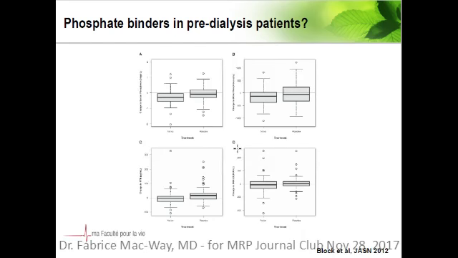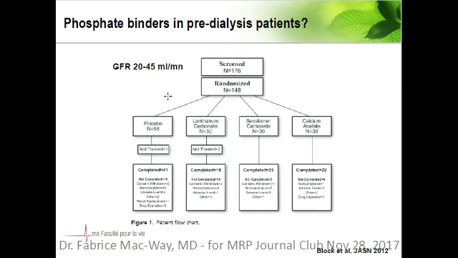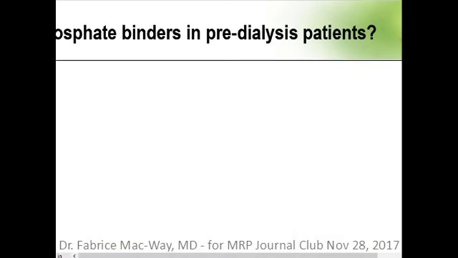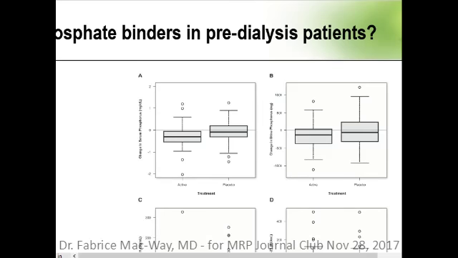But they realized that there was more calcification in the active treatment. They put together all three treatments, calcium, sevelamer, and lanthanum, as the active group, and they saw more coronary calcification and abdominal calcification in this group.